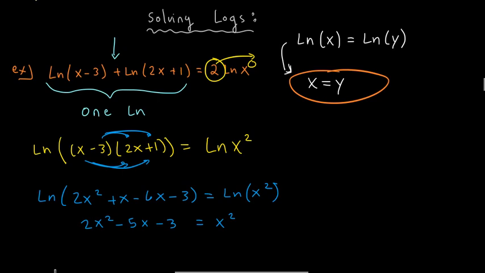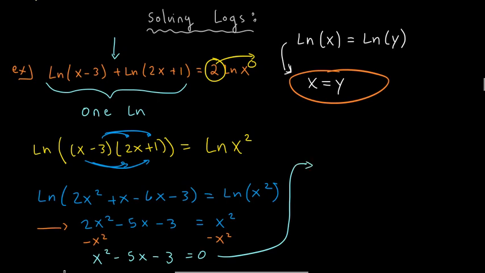We all should be able to solve this without me really explaining it, right? Bunch of professional quadratic solvers out there. Subtract x squared. That'll yield me a little x squared minus 5x minus 3 action. And if that equals 0, one might be inclined to use the quadratic formula.